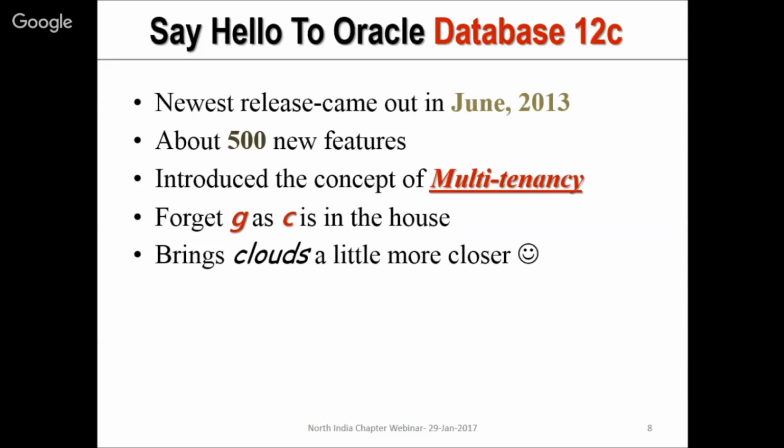So from grid computing, we moved over to cloud computing, and with this 12C, the pluggables, which are going to be part of multi-tenancy, the feature serves as a very great bond, or you can say a bridge, between the cloud environments and the users who are going to be using these kinds of databases on the cloud structures.